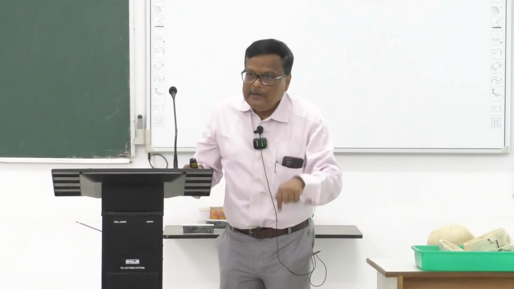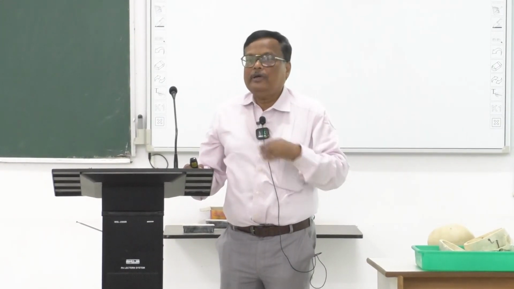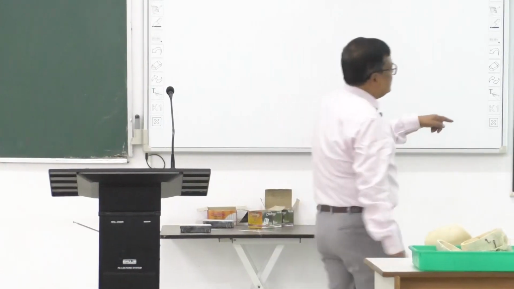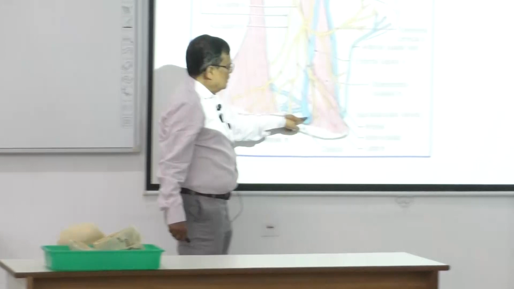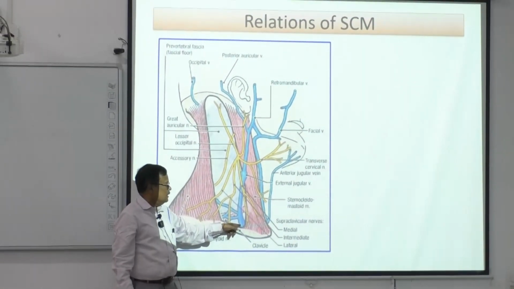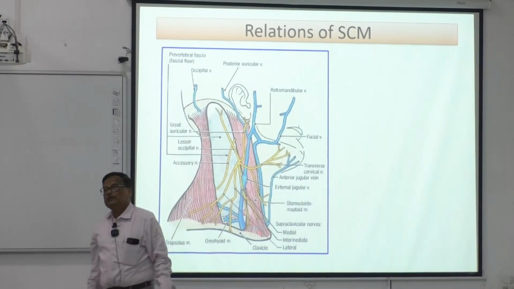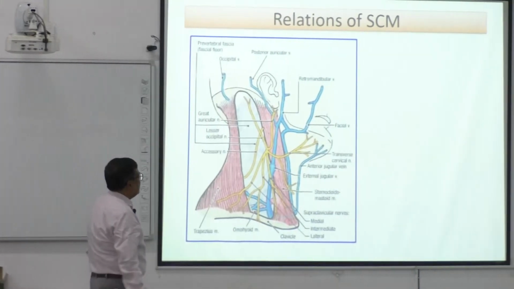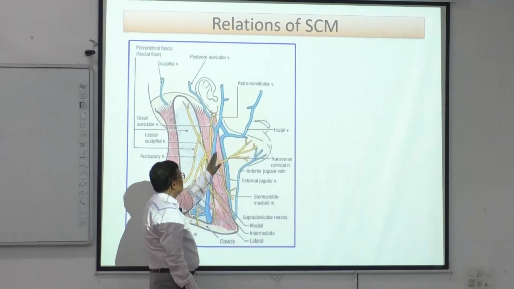Ultimately, it terminates in the subclavian vein, which is in a deeper plane. So it must pierce the deep fascia here, in the supraclavicular fossa or greater supraclavicular fossa, and drain into the subclavian vein. This is the external jugular vein.